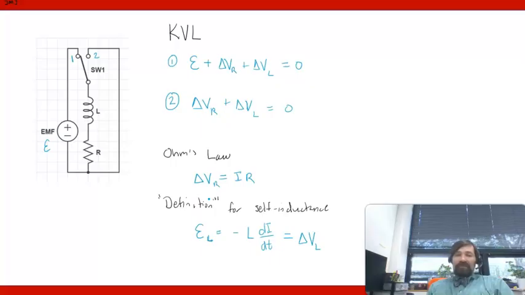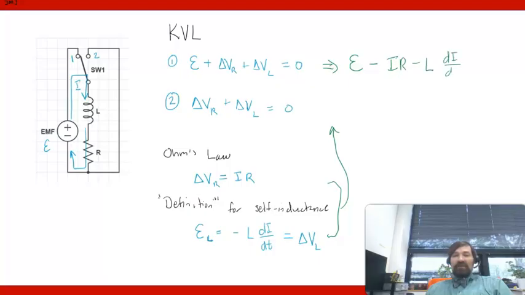here. So if I was going to draw the current in this circuit, I would expect the current to look like this. And so what I end up getting is, after substituting both of these equations in up here, that the battery's EMF minus I times R minus L di by dt is equal to 0.